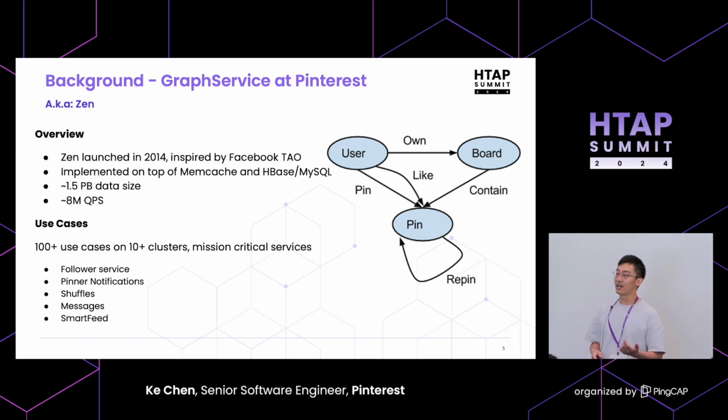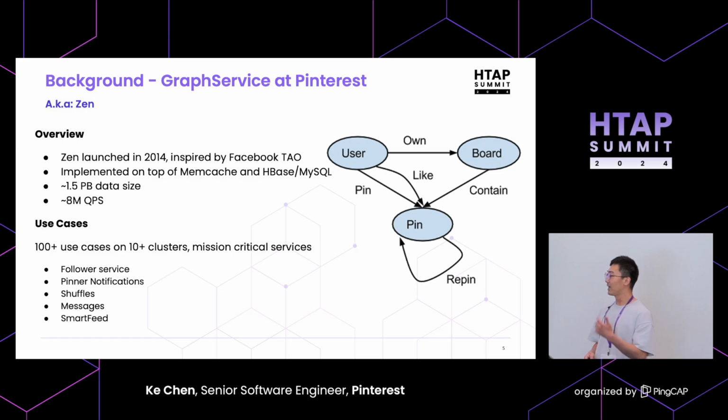Over the years, Zen has been the primary data service at Pinterest to support business growth. Today, there are over 100 use cases on Zen, over 10 clusters. Some of them are serving super mission critical features for Pinterest, such as the follower service, notifications, Shuffles, which is another app launched by Pinterest about 2 years ago, and also user messages and smart feed as well.